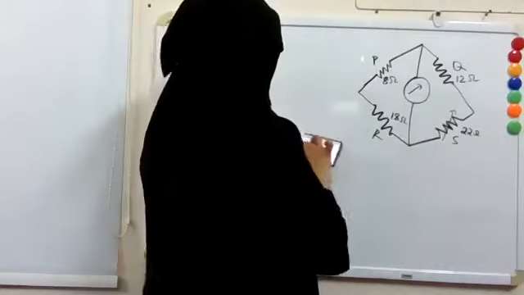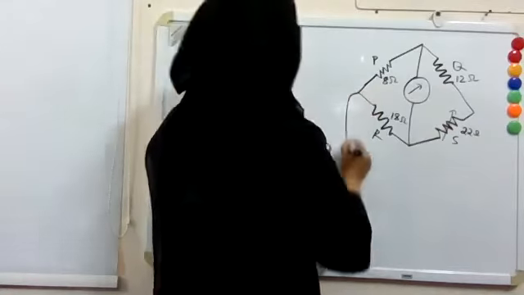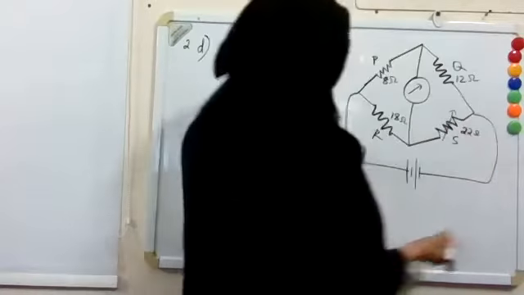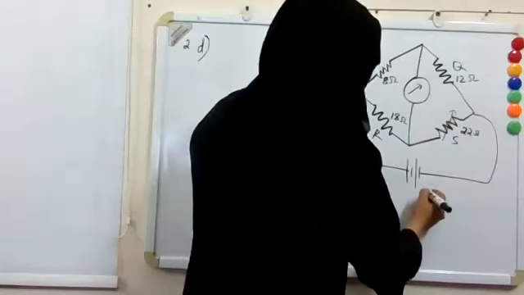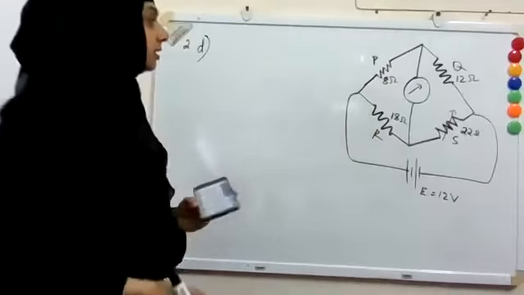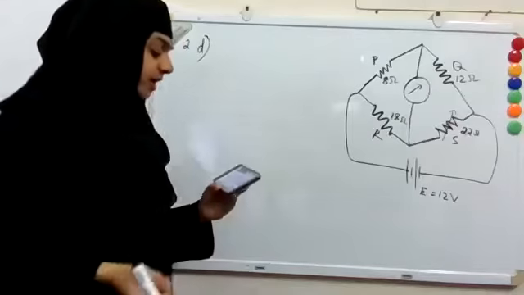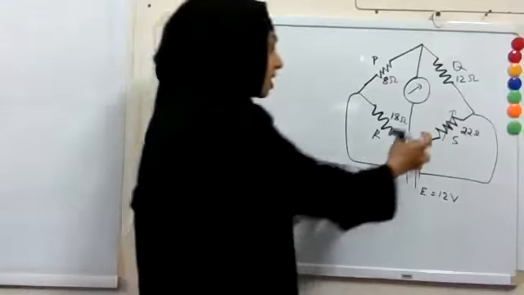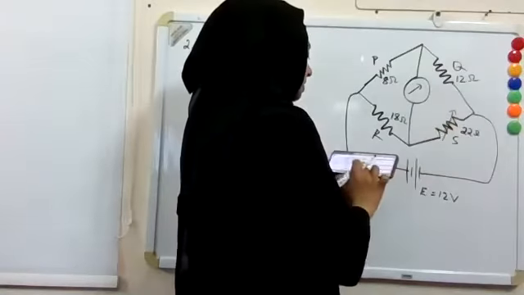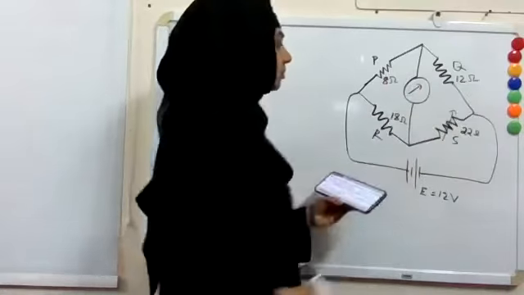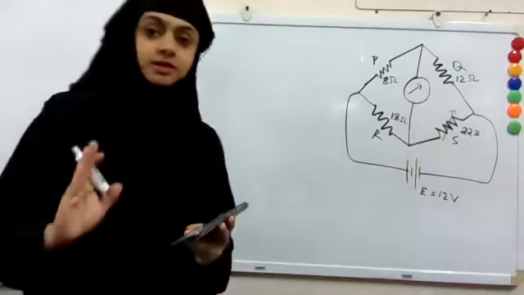And this is connected to a battery which has an EMF equal to 12 volt. So this is the given figure, and in C part the question is in the fourth arm how much resistance is to be connected and how it should be connected to obtain equilibrium. Most of you have done it correctly.